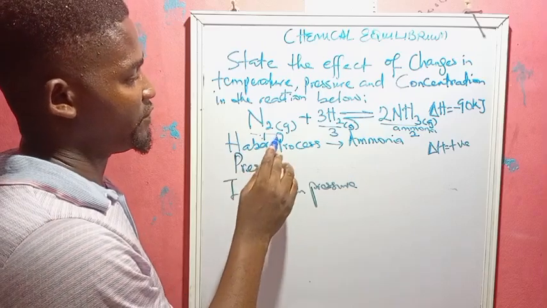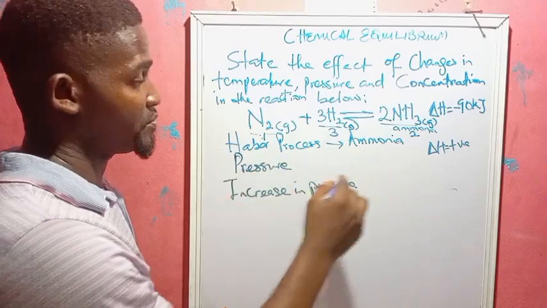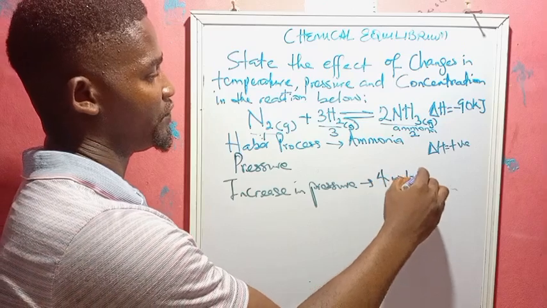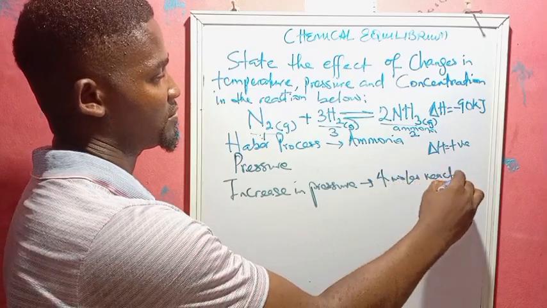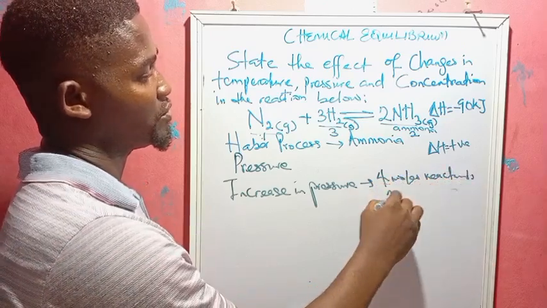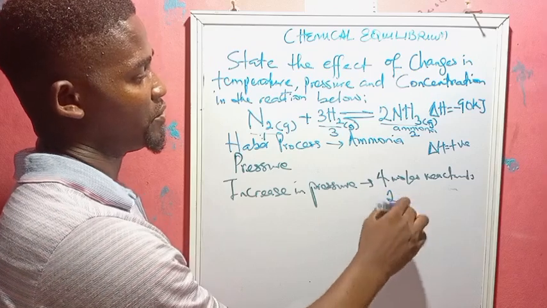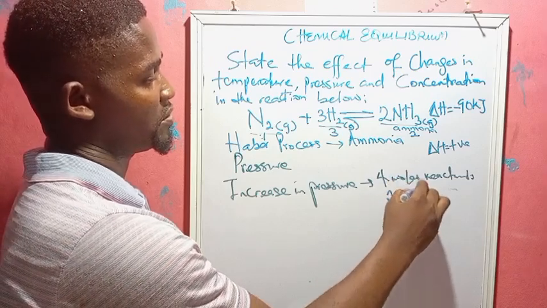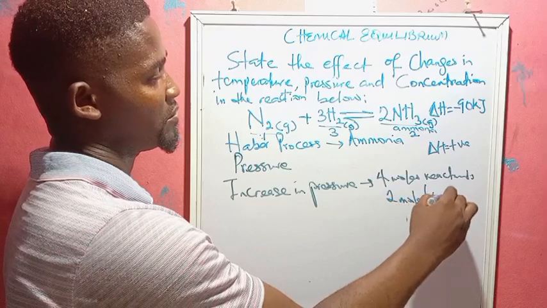Take note that from the reactant side we have 4 moles. 4 moles of reactant is giving us 2 moles of product, or you can say volume of product.